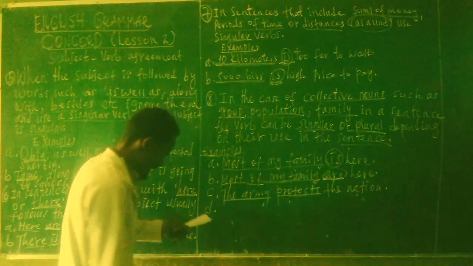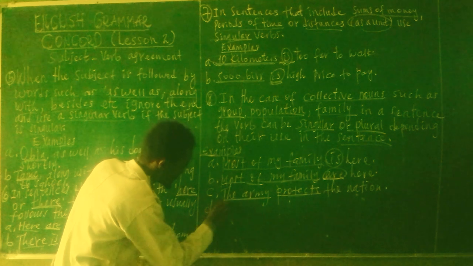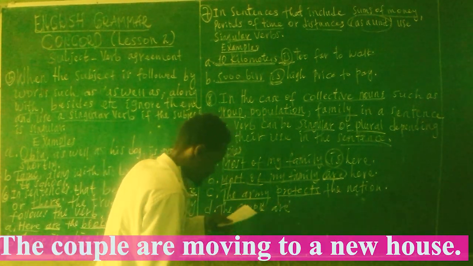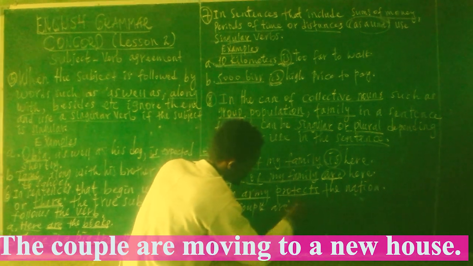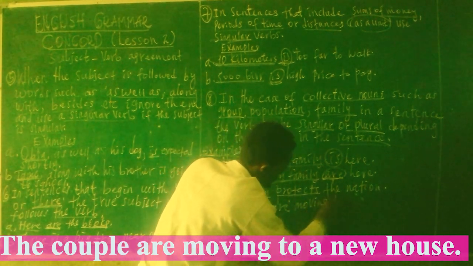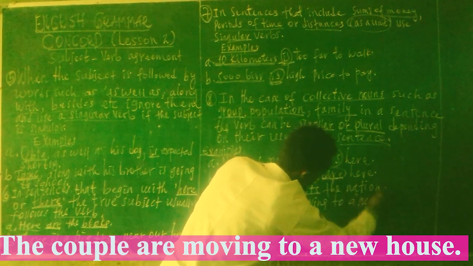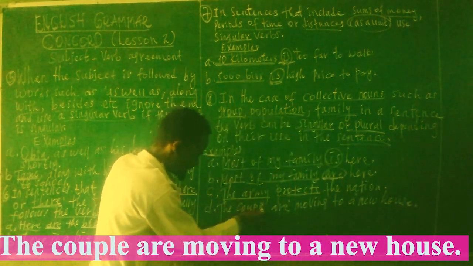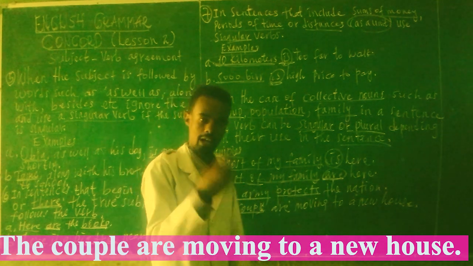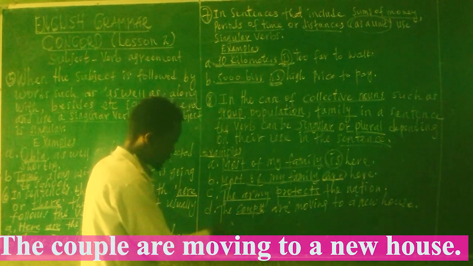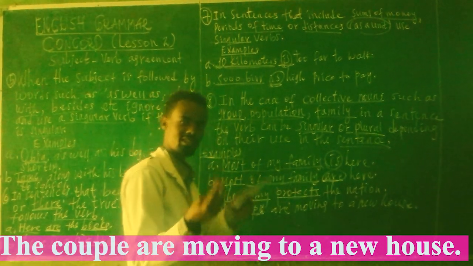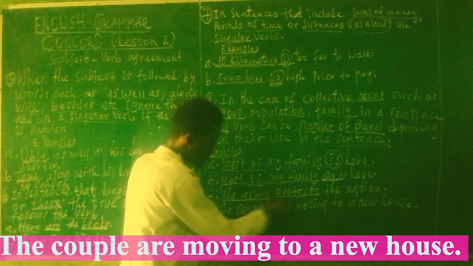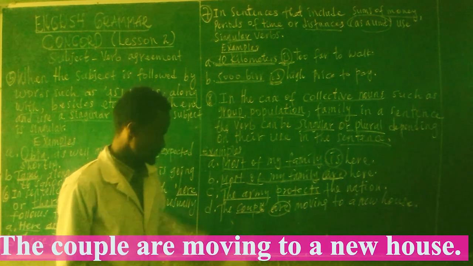The last one, the couple are moving to a new house. So the couple, that means two persons, husband and wife. I am talking about the separate husband and wife, two persons. So I used here the plural verb.